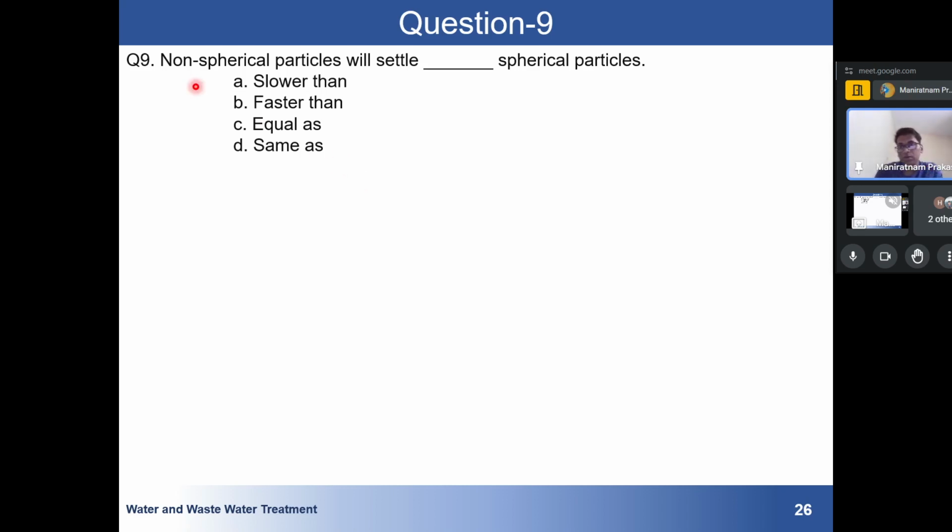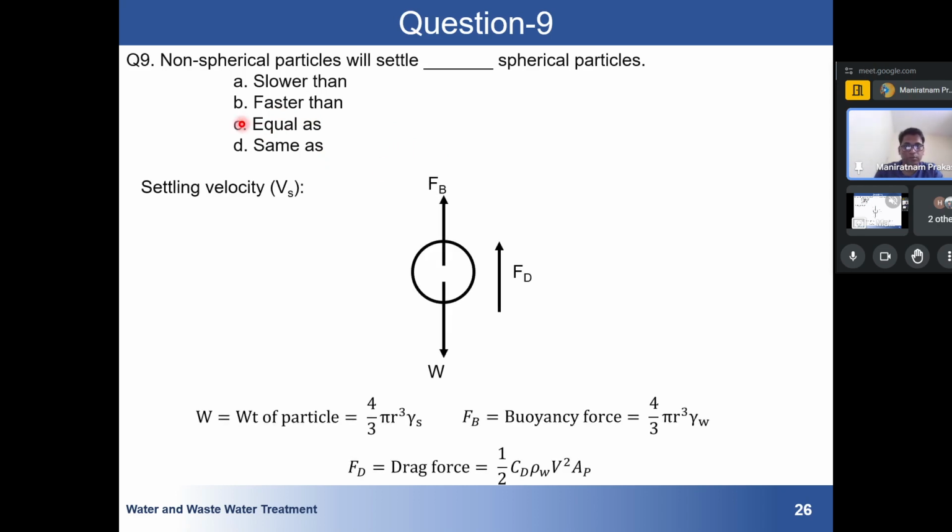The question is: will a non-spherical particle settle slower, faster, or the same as a spherical particle? So during settling velocity, consider a particle of diameter d in water, and in water there will be three kinds of force: the drag force, the buoyancy force, and the weight of the particle.